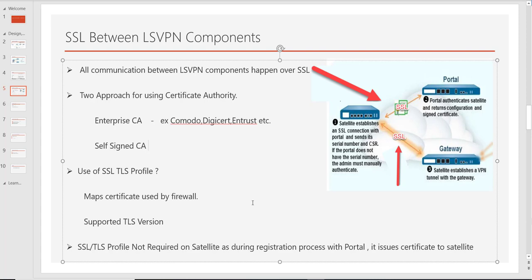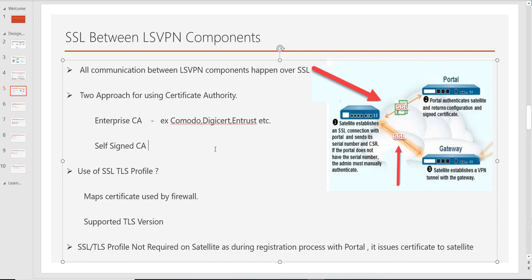You can get all the required certificates from them and install those certificates on the portal firewall, gateway, and satellite firewall. So that is one way. It depends on the extra cost and environment design, how you want to design SSL for your environment.